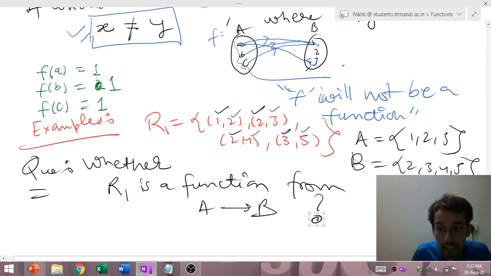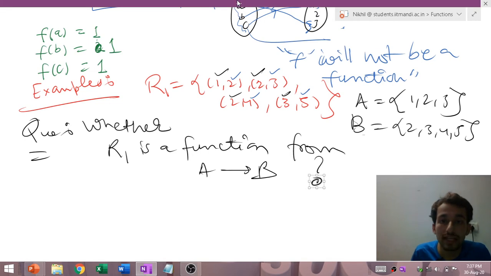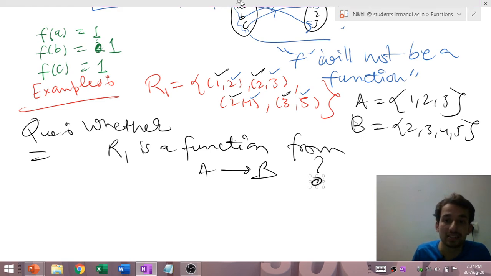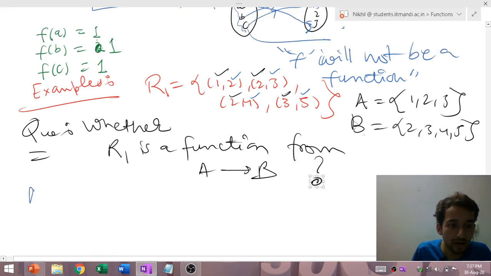I ask you to pause the video and try to think it once using the relation which is given to us. Observe the ordered pairs, you will get an answer. The answer is no, it is not a function. Why? If you just collect only these two ordered pairs.